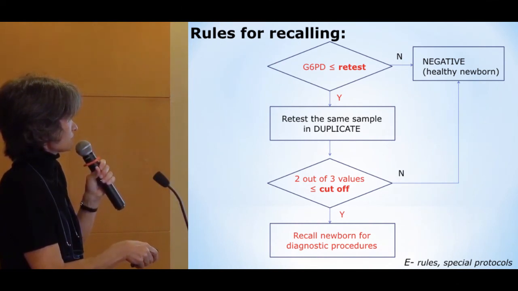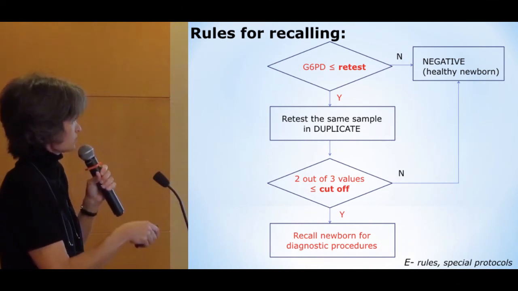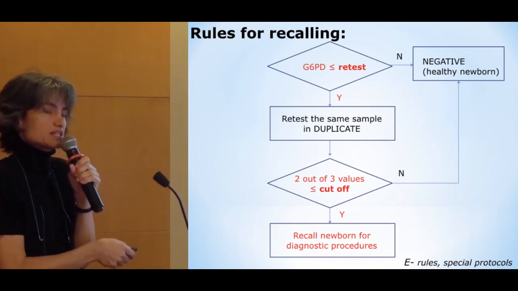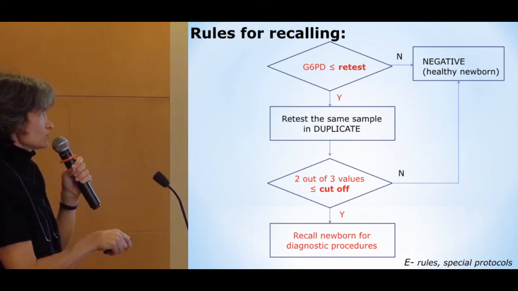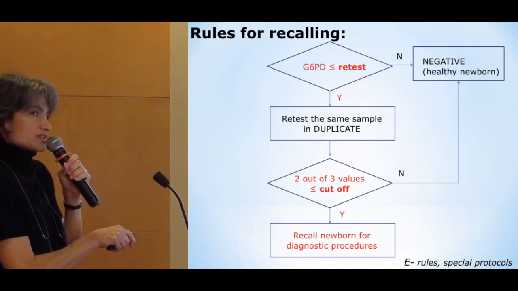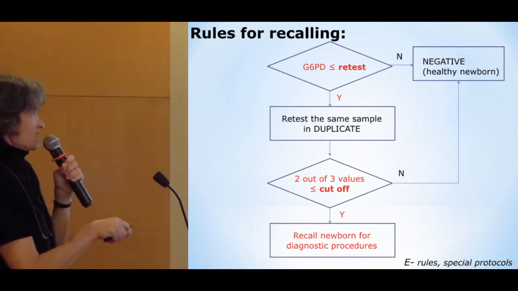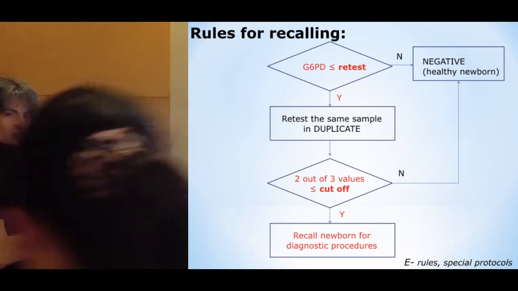And the algorithm for the recalling looks like the TSH as we already saw. Just pay attention to the operator. In this case, they are opposite, okay? The G6PD has to be low.